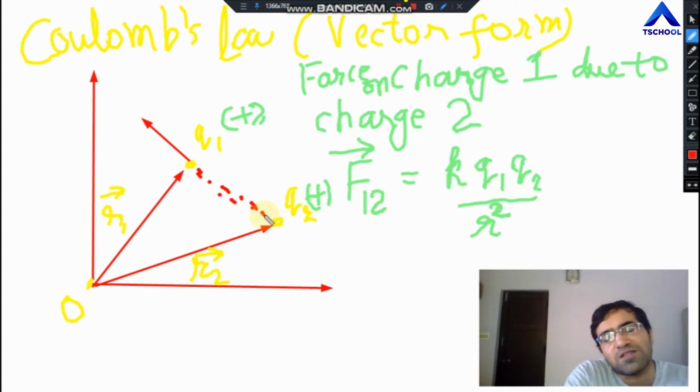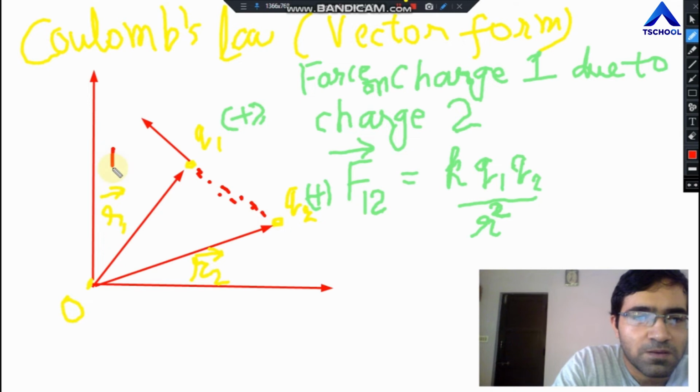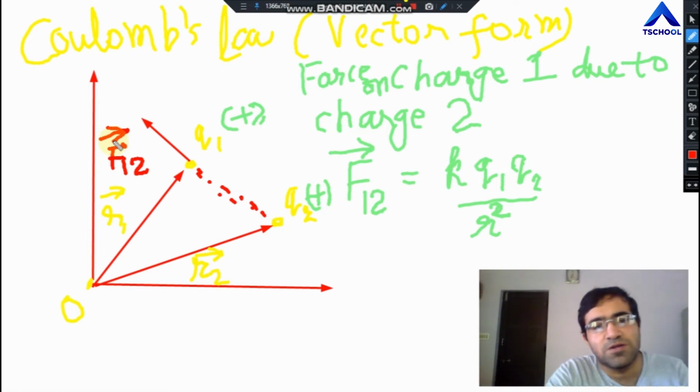That's because the charge is repelled. What Q2 is going to do is push Q1 away. So this vector that I've drawn here indicates the F12 vector.